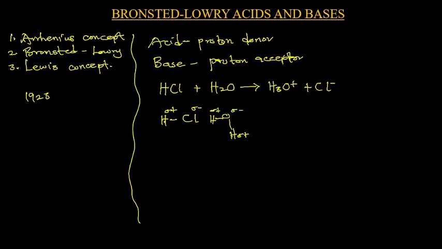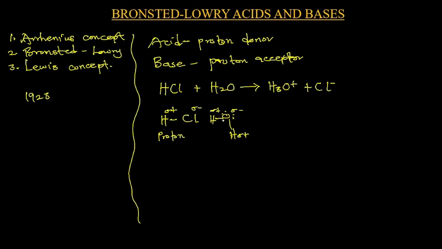So what is going to happen is that the oxygen here has two lone pairs of electrons, which it is going to donate into the empty orbital of the hydrogen after the hydrogen gave its electrons to the chlorine. So when hydrogen loses its electron, it's called a proton. So this is the proton in this case.